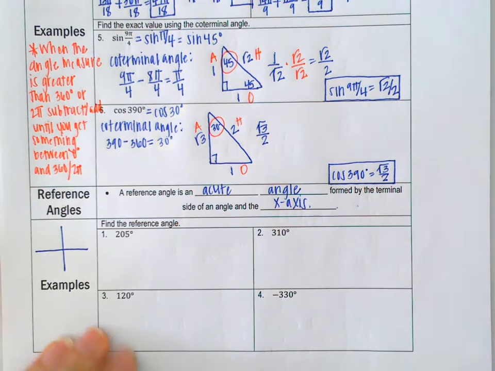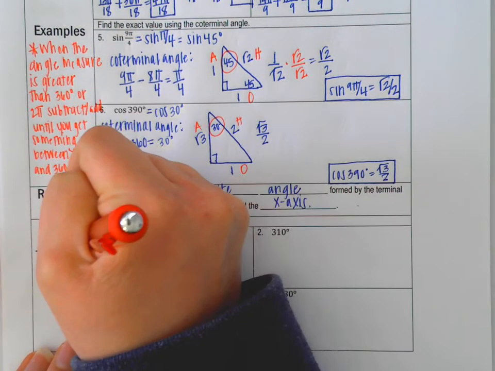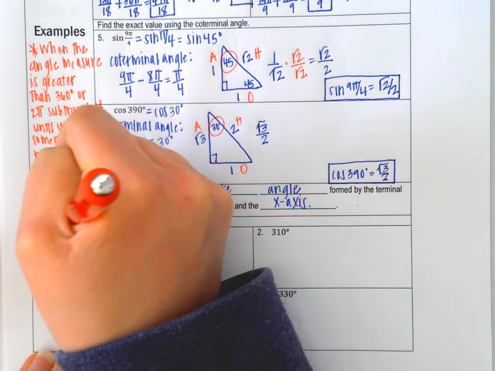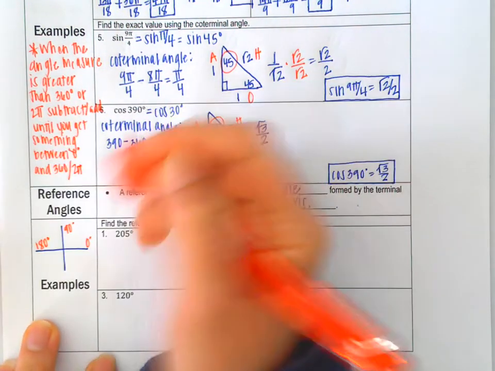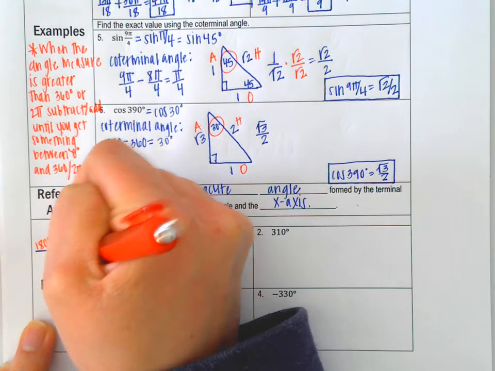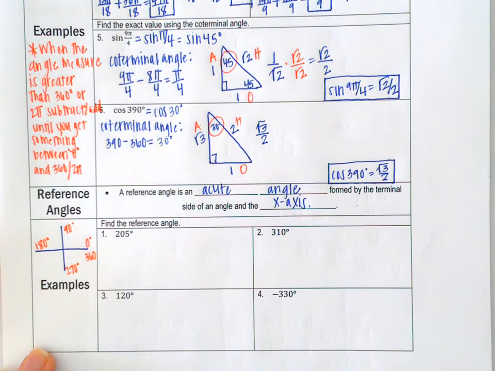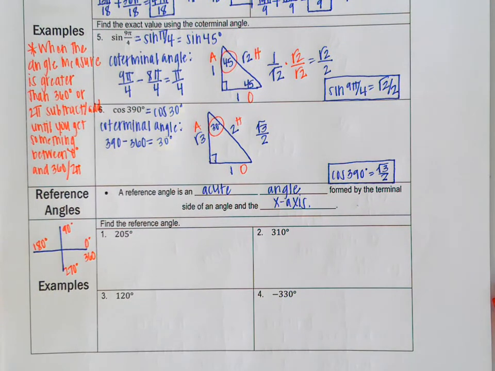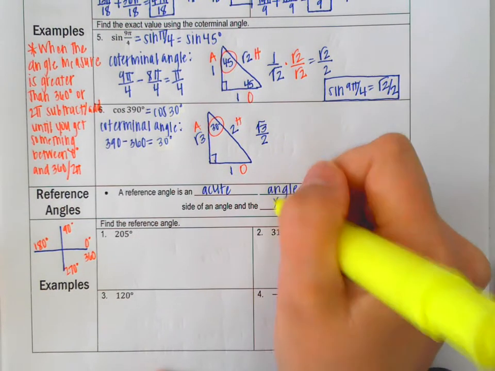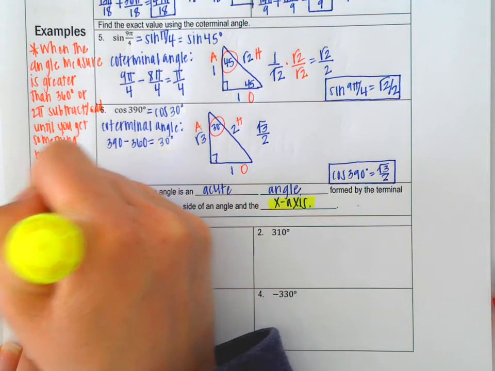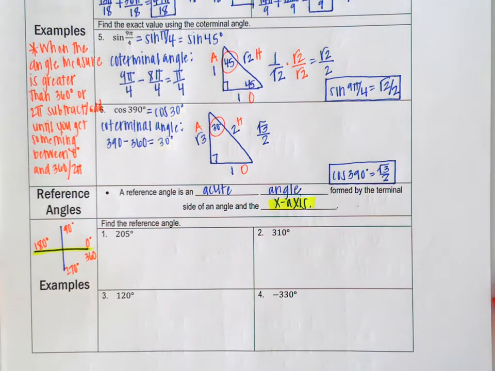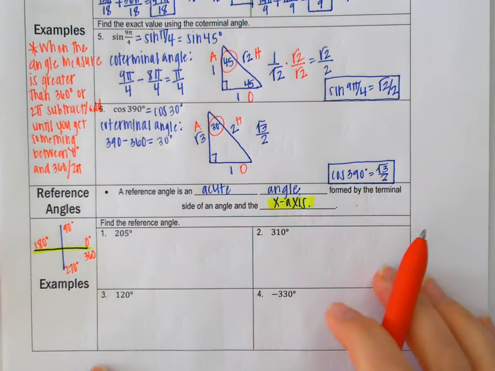So if we look at our grid here, we know this is 0 degrees, 90 degrees, which isn't on the x-axis, 180, 270, and 360. So when it says formed by the terminal side of an angle, so wherever the angle ends, and the x-axis, we're going to be creating new angles by bringing it always back to the x-axis. Okay, that sounds really weird, but we're going to do some examples.